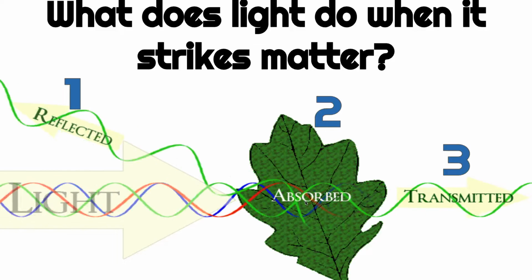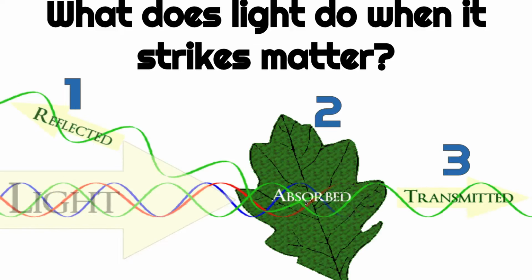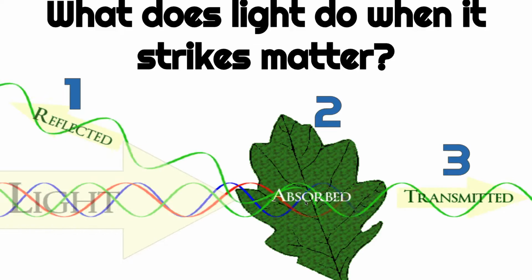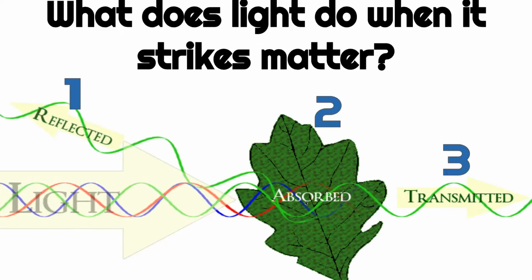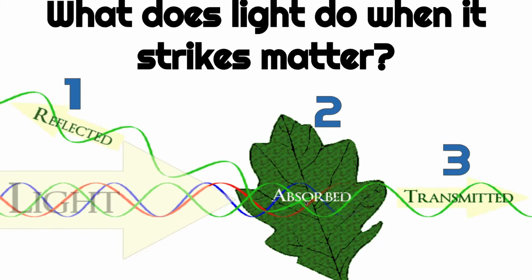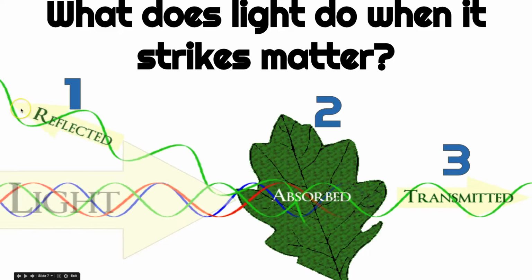If we are close to a nuclear reactor that's having a meltdown, then our bodies will absorb that gamma radiation. So the shorter wavelength forms of radiation will be absorbed by objects generally, not always, but generally. The longer wavelengths will just be transmitted straight through the objects and they're not harmful at all. But then some will be reflected.